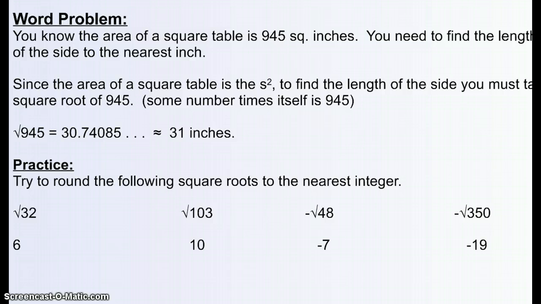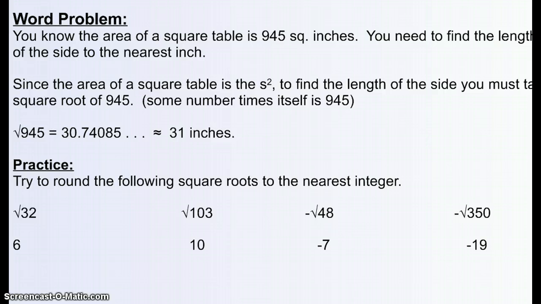That's within 4. So that's actually the nearest square root to the whole integer. The square root of 103, the closest square root to the nearest integer would be 10, because 10 squared is 100.